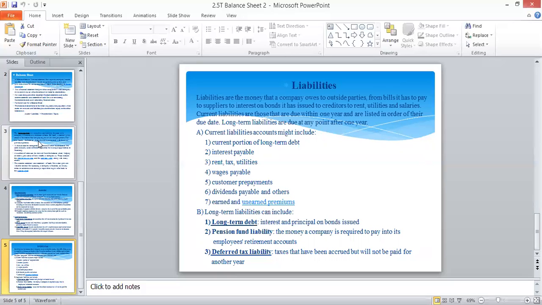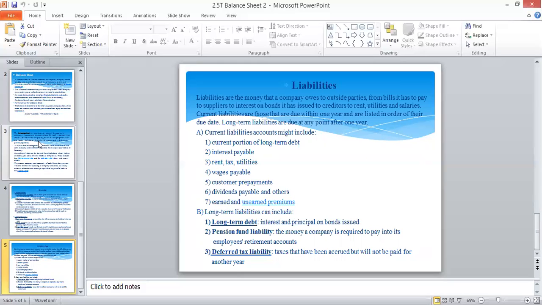Current liabilities are those that are due within 1 year and are listed in order of their due date. And the long-term liabilities are due at any point after 1 year.